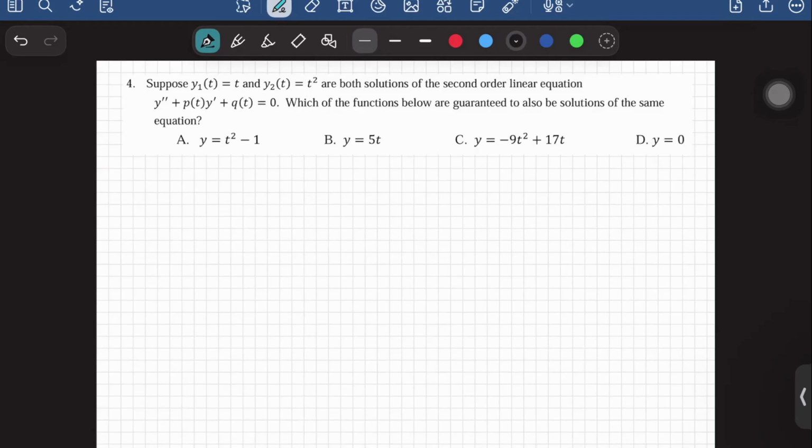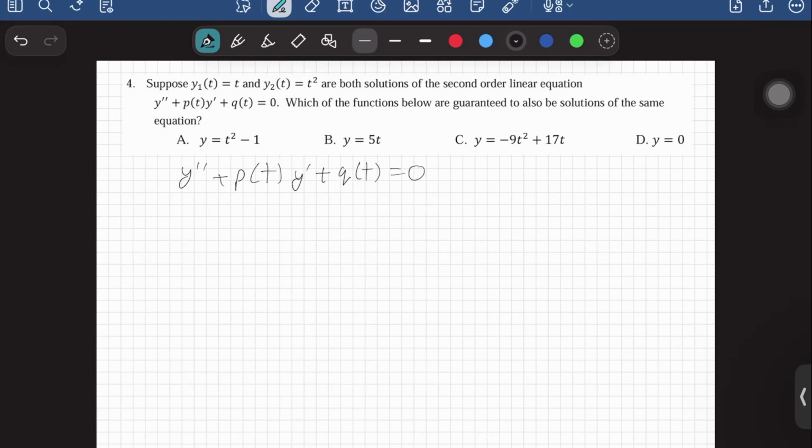The homogeneous equation given to us is y double prime plus p of t y prime plus q of t is 0, right? And for any homogeneous linear differential equation, any linear combination of the solutions will also be a solution to the given differential equation, right?